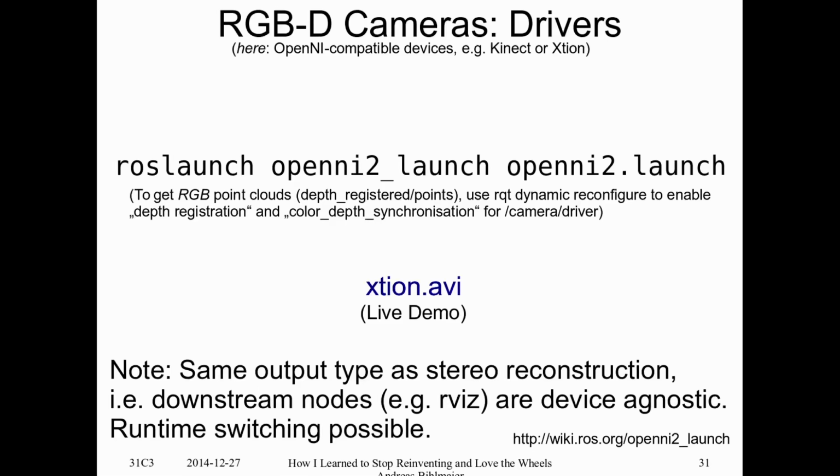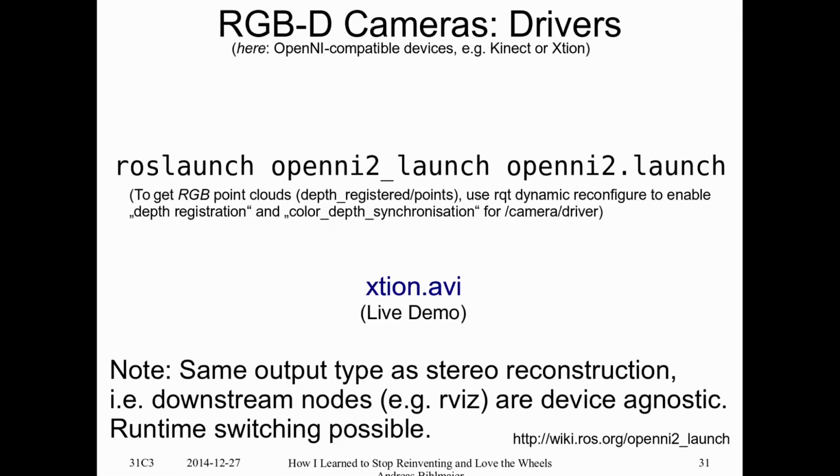Stereo cameras obviously need light, like ourselves, to see anything. But on the other hand, they're much better at doing long distance reconstruction. Or if there would be sun shining into this room, okay, I know this doesn't happen at hackerspaces, but then Kinect style cameras do not really work well.